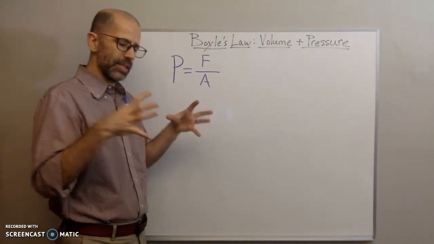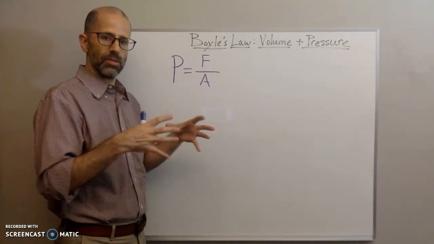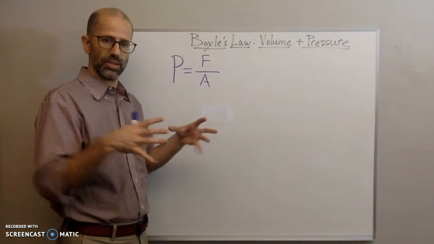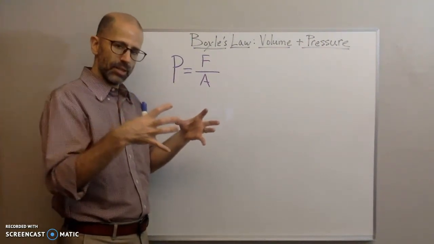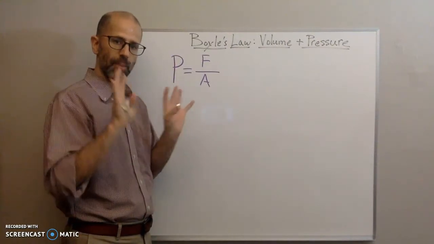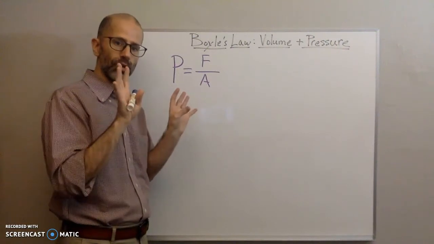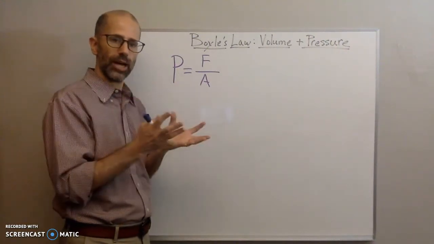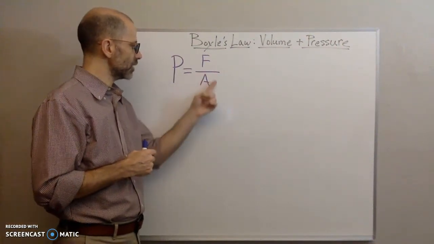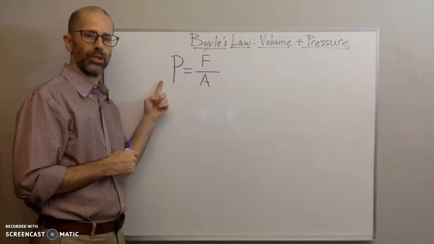So if I'm decreasing the surface area, that means I'm not changing the number of particles. The number of particles stays the same, but if I decrease the space and the area on which the particles can push, then at any one moment I'm going to have more particles pushing on a smaller area. That decrease in the surface area is going to lead to higher pressure.